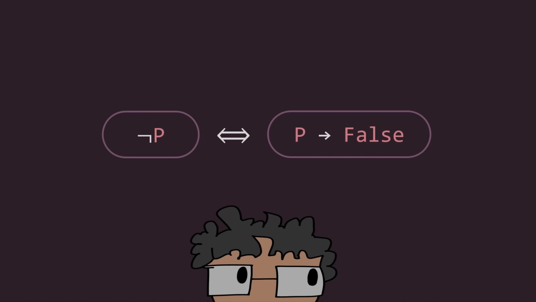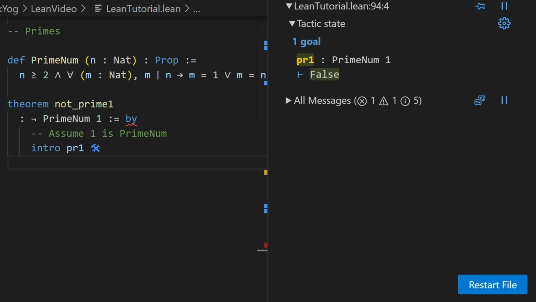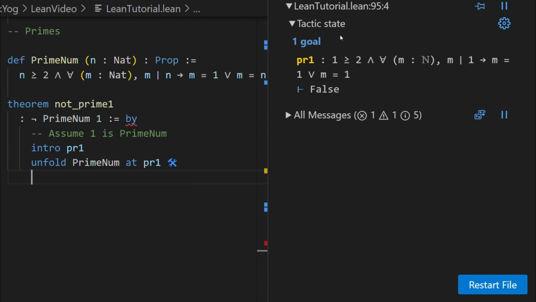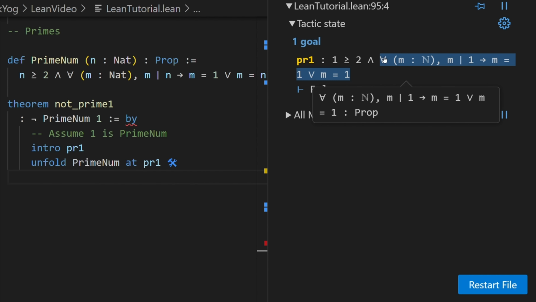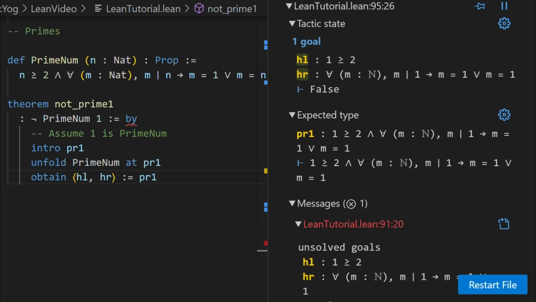Now, not P means the same thing as P implies false. Assume 1 is PrimeNum using the implies introduction, intro PR1. Our goal is now to show this is false. Unfold the definition of PrimeNum at PR1. Since PR1 is a proof with 2 components joined by AND, we can take it apart with obtain HL and HR from PR1.